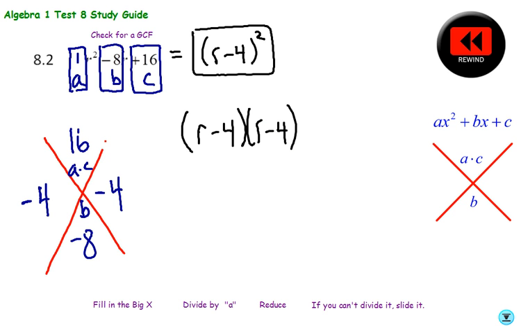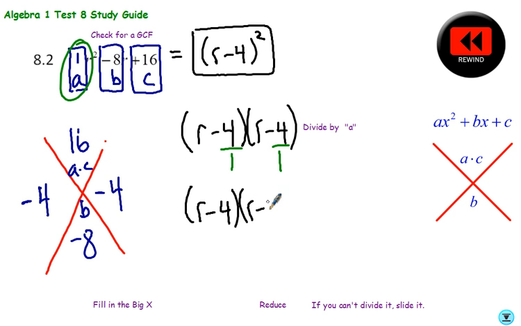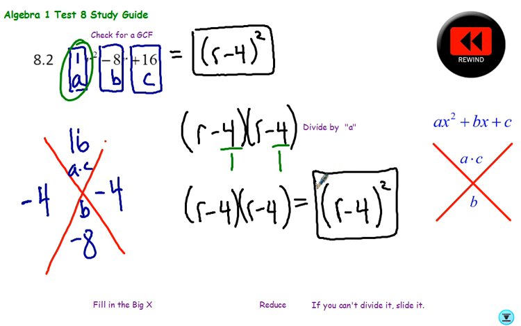I want to be in that habit of always, always, always dividing by a. And in this case, as we know, our a is equal to 1. So we know that it's going to stay exactly the same. So I've got r minus 4 times r minus 4. Again, don't have to write it twice. Write it once to the second power. So r minus 4 squared.